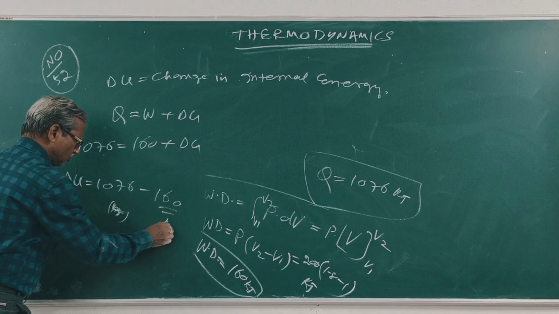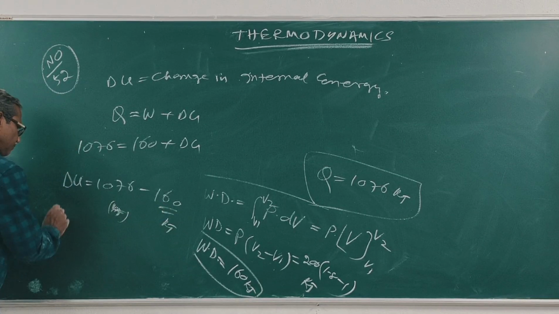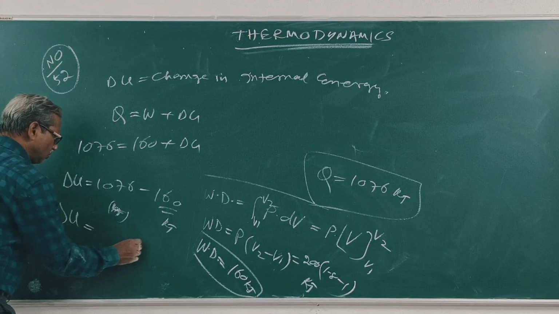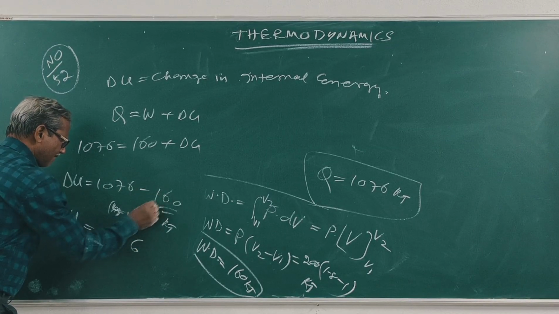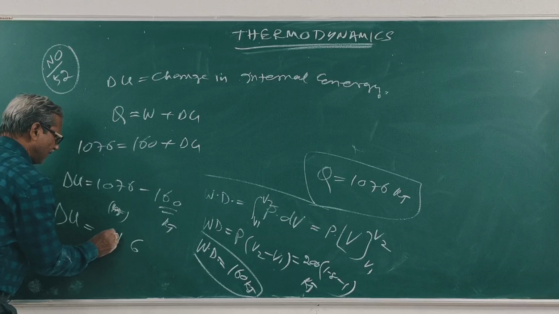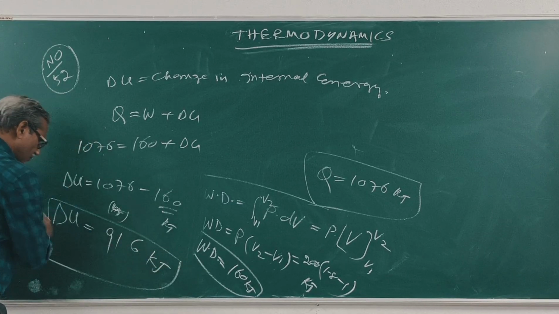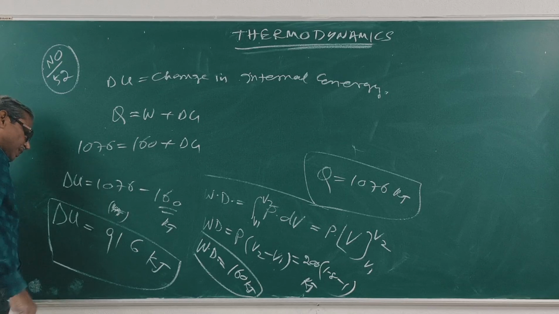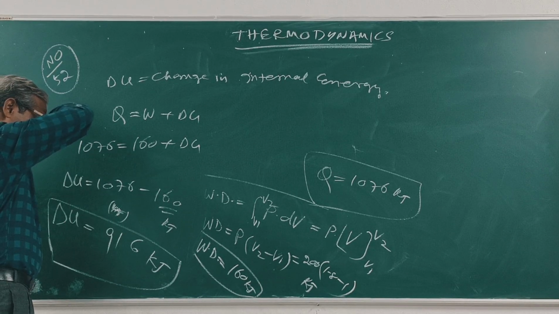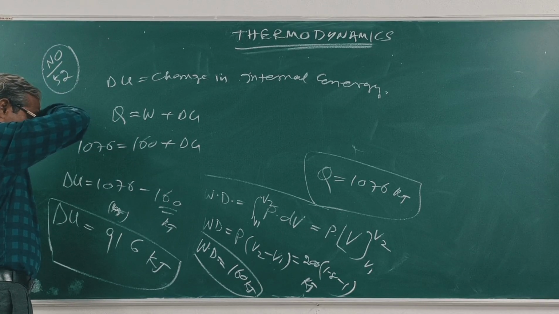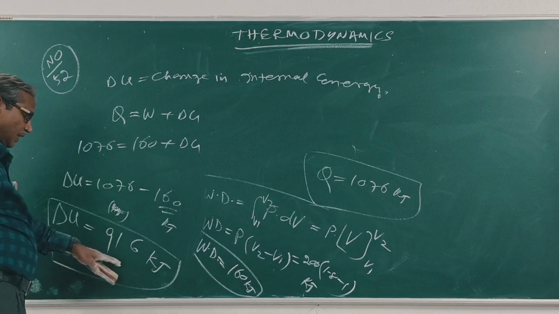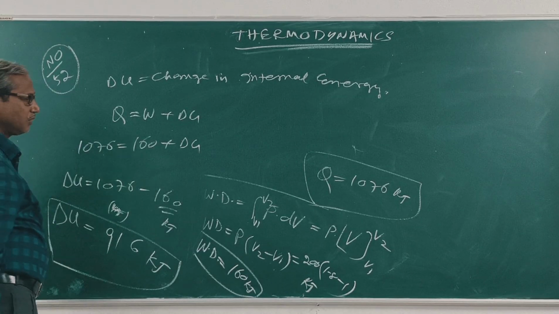The answer is also kilojoule. So del U is equal to 916 kilojoule. Right? Del U is 916 kilojoule.